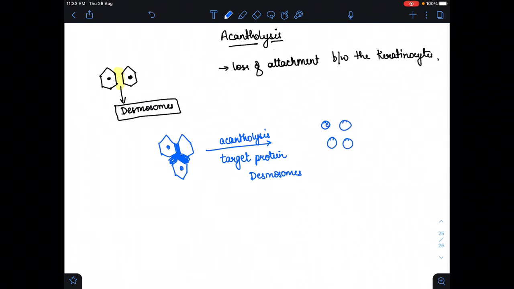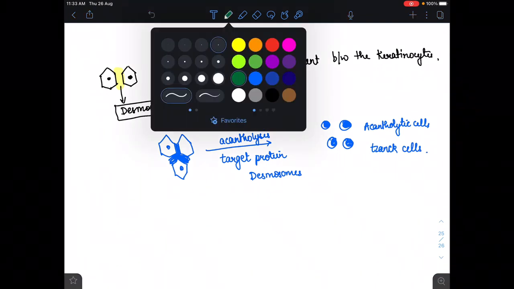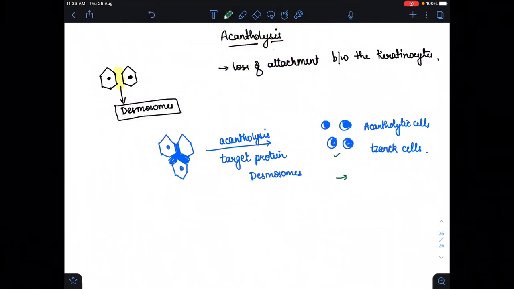So how will they look? In acantholysis we find acantholytic cells, or we can say Tzanck cells. How will they look? They appear round, as we see here. We also find a prominent nucleus, and we also see a perinuclear halo.